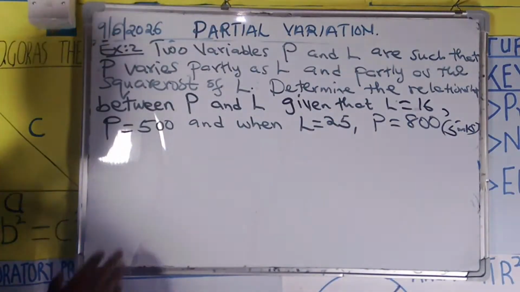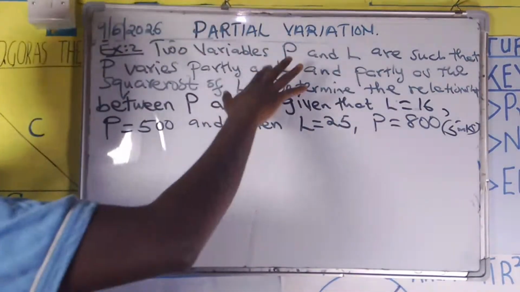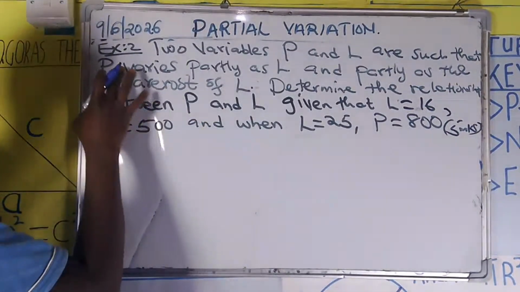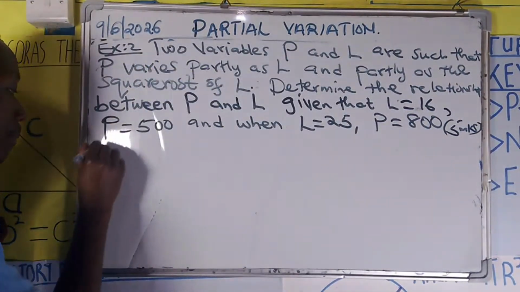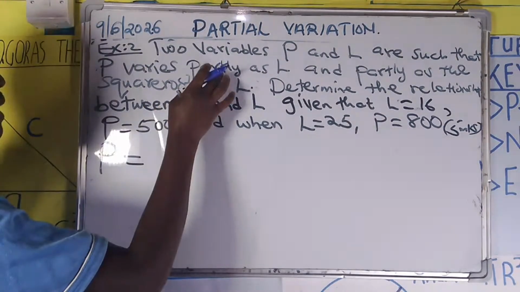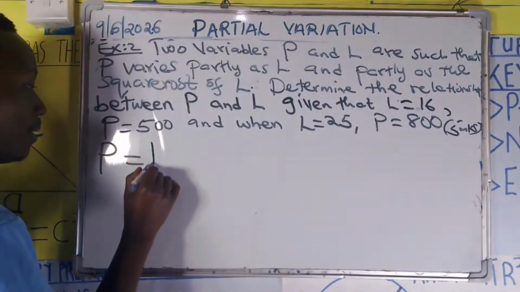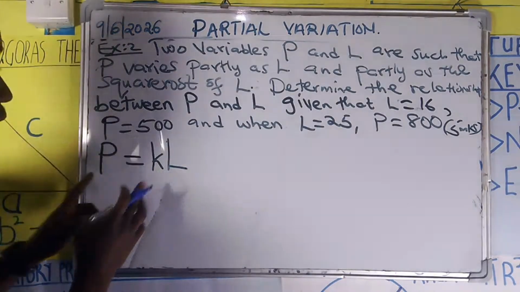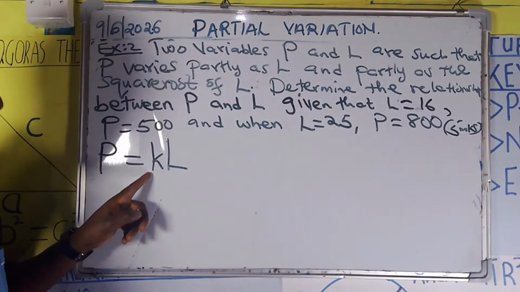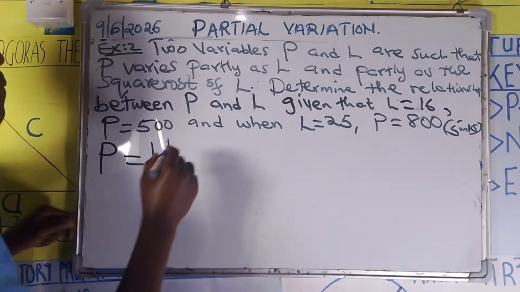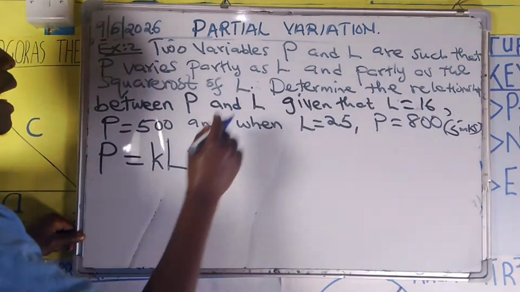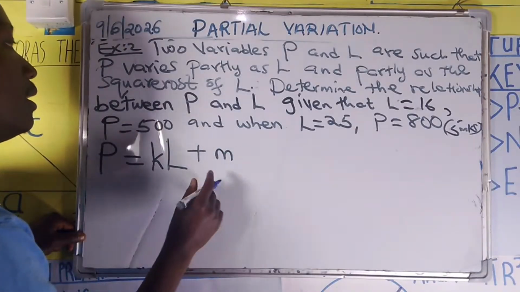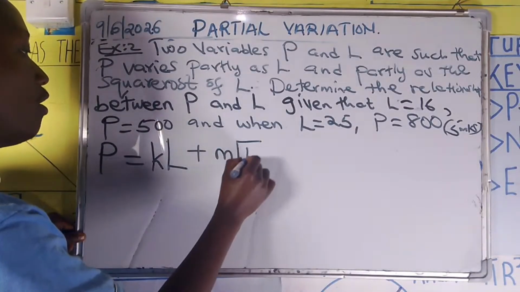We are first going to write down our equation. P varies partly as L. We have introduced our first constant. P varies partly as L and partly as the square root of L.